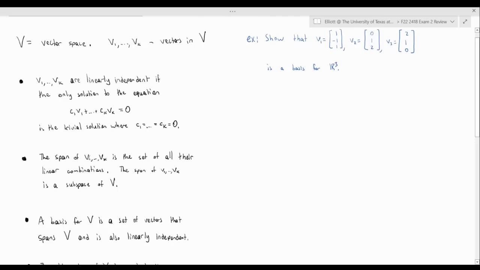The span of a collection of vectors is the set of all of their linear combinations, okay? That's what the span of a collection of vectors is. And the span of any collection of vectors is always a subspace of the vector space that they were residing in, okay?